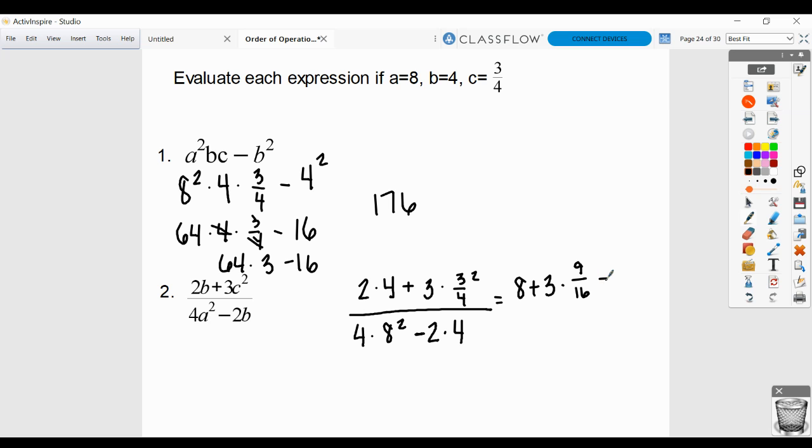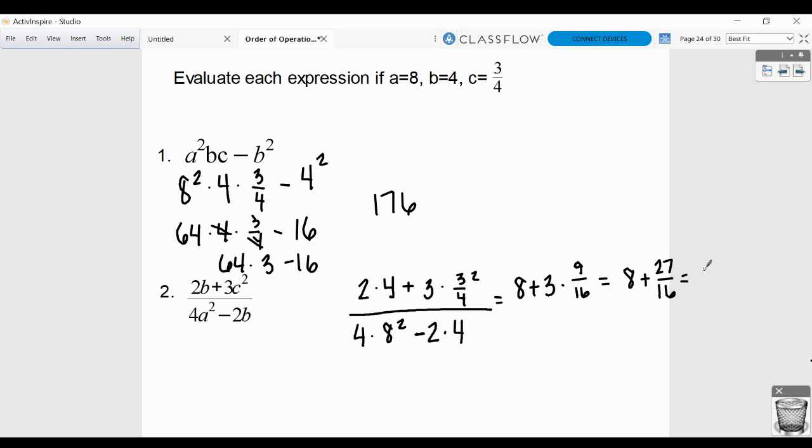So you end up getting 8 plus 27/16. And 27/16 plus 8 gives you 155/16.